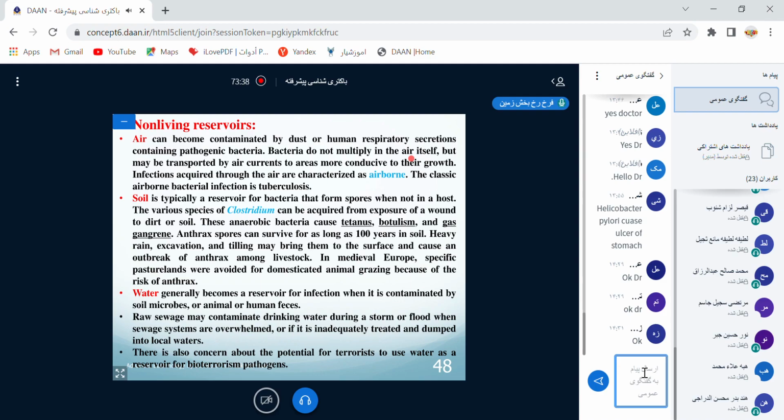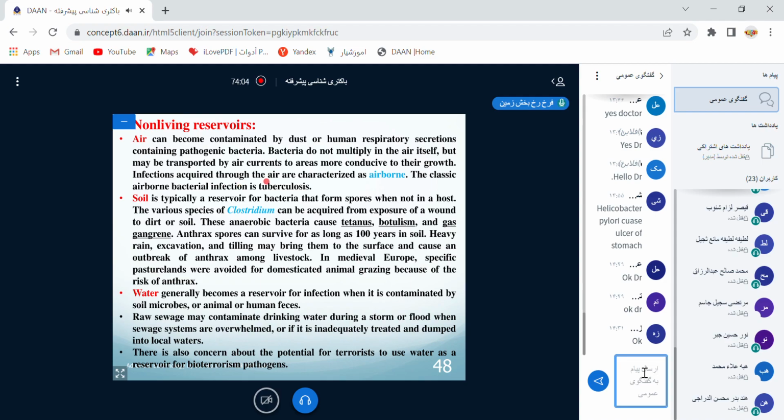So air is used only for transfer of pathogens, not a good place for living or residence of the pathogens, but they may be transported by air currents to areas more conducive to their growth.